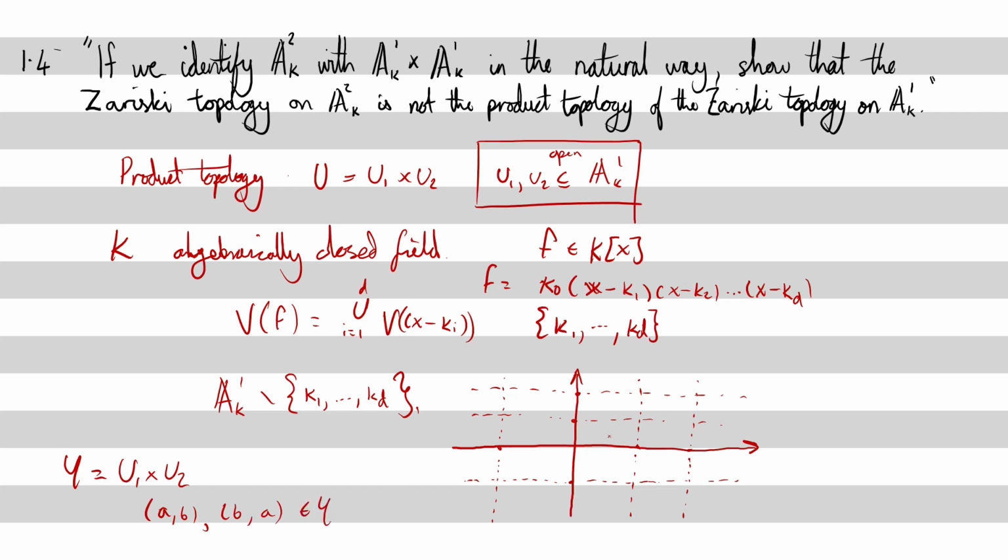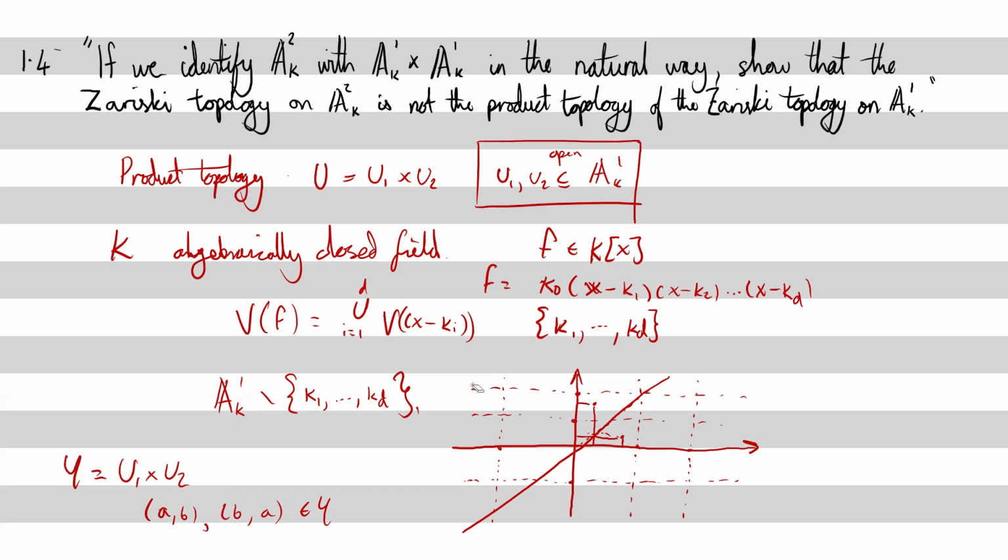For instance, let's say here is the diagonal. Very bad diagonal, I know. If this point and this point are within our set, then a and b are going to be within U1 and U2. So these are going to both be within these sets.